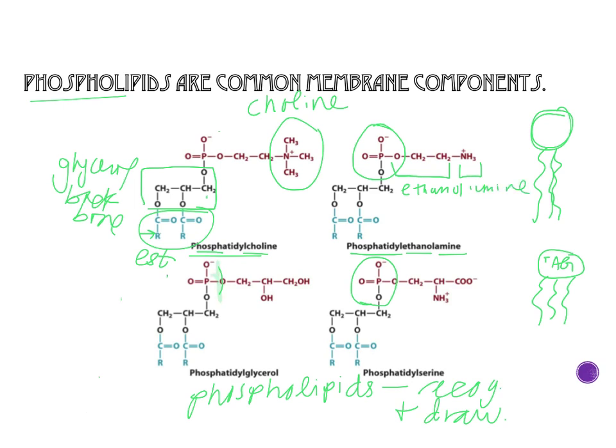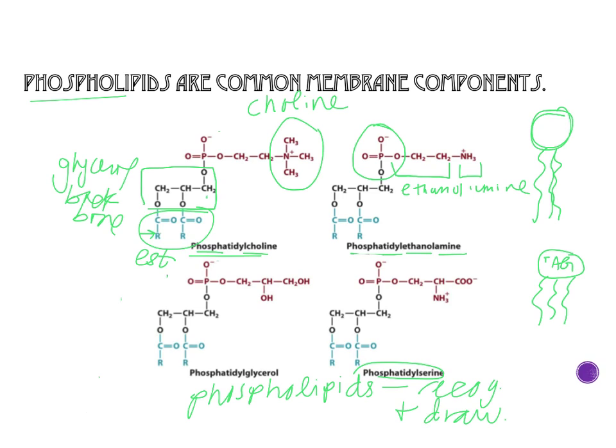This one down here, whoa, hey man, you're not the eraser. Okay, green. This one down, let's do this one. This one is phosphatidylserine. I should have just erased that. Phosphatidylserine.